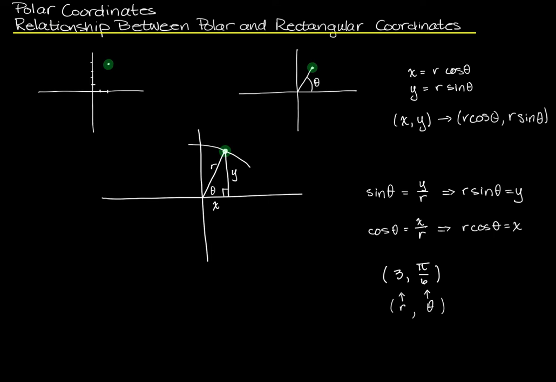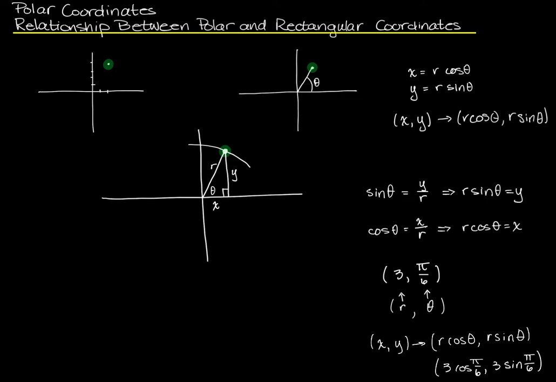If I want to convert that to rectangular coordinates, then all I have to do is write (x, y), where x is r cosine theta and y is r sine theta. In this case, that's (3 cosine pi over 6, 3 sine pi over 6).